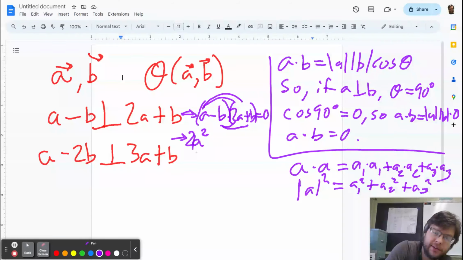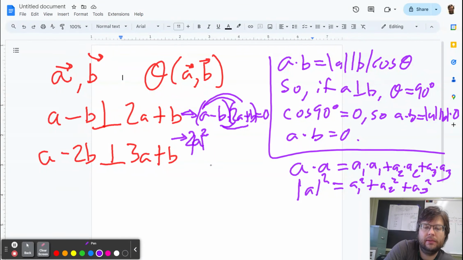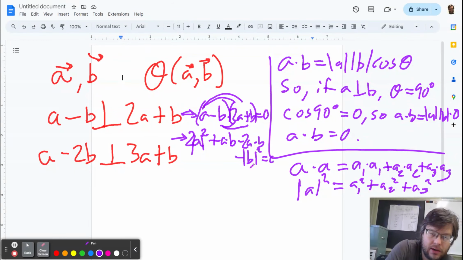So I'm just going to put those absolute value bars there. So I have 2 magnitude of A squared, and then plus A dot B minus 2A dot B minus magnitude of B squared, and that all equals 0. Simplifying that, we can say 2 magnitude A squared minus A dot B minus magnitude of B squared equals 0.